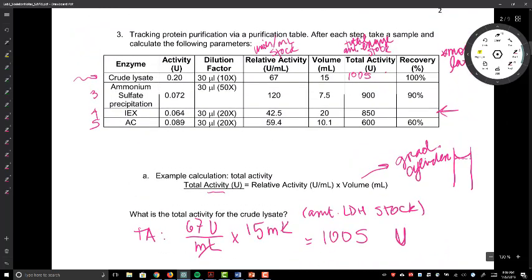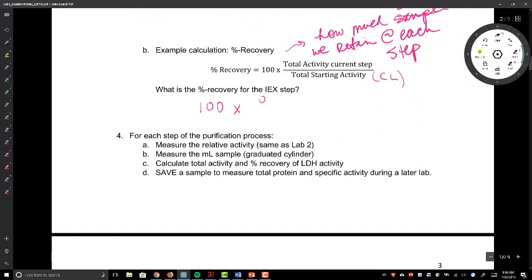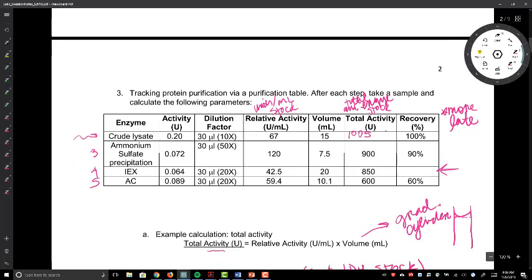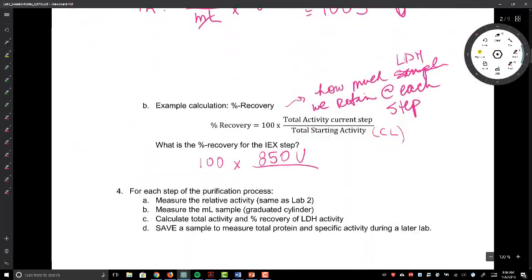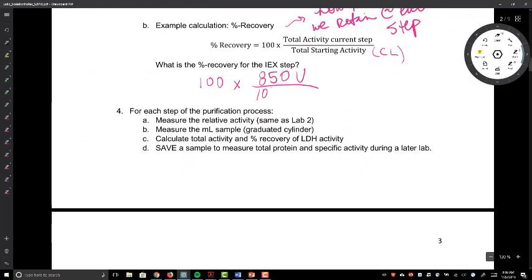So that's 850 units divided by 1,005 units for the crude lysate. The units cancel. All right, and so we get a percent recovery of 84.5%.